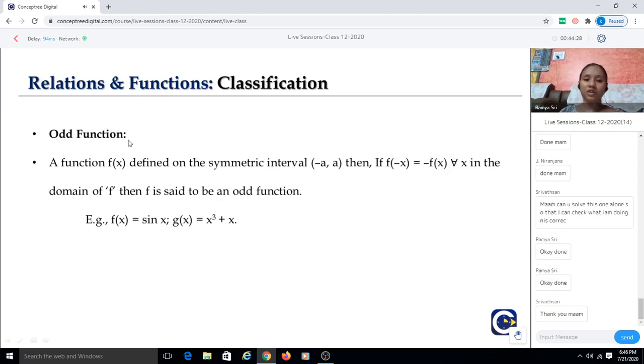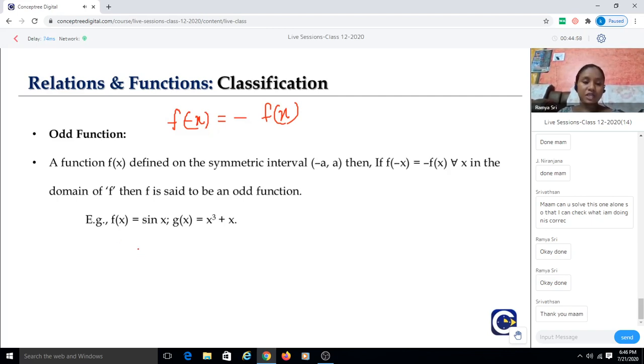The condition for an odd function is that f of minus x is equal to minus of f of x. If you observe, for the even function there is no minus here, but for the odd function f of minus x is equal to minus of f of x. Then that function is called an odd function.